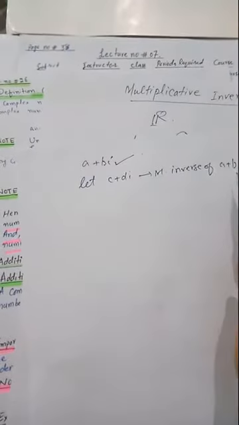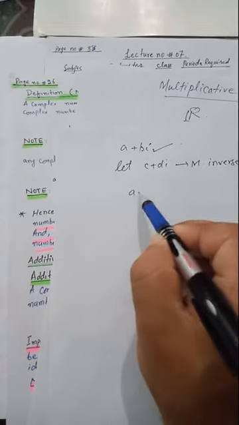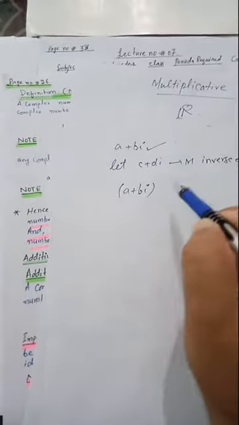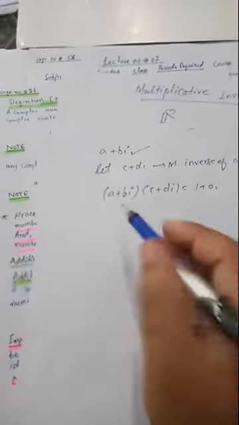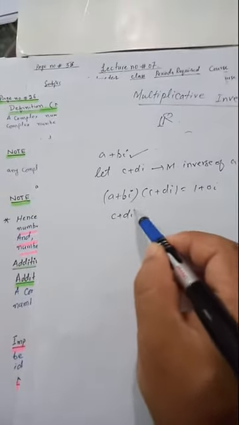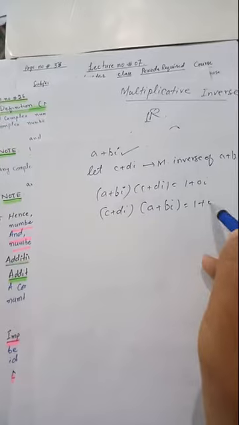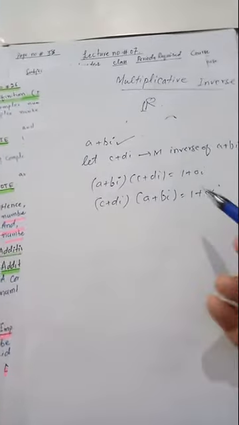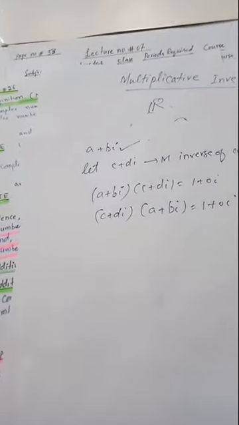Then a plus b iota multiplied by c plus d iota will be equal to 1 plus 0 iota, or c plus d iota multiplied by a plus b iota will be equal to 1 plus 0 iota, because c plus d iota is the multiplicative inverse.